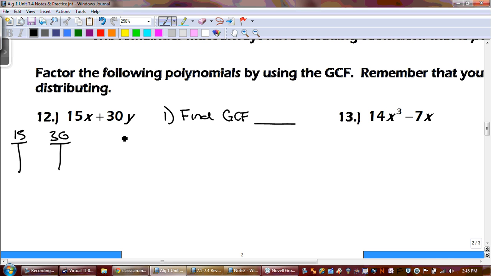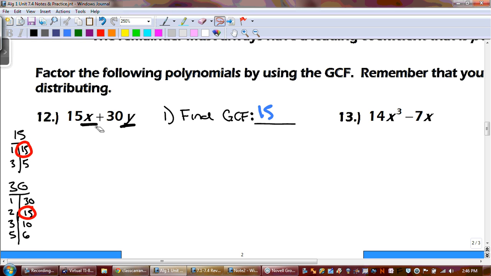If you still need to do that, please do it because you want to make sure to get the greatest common factor. So there, all of our numbers, and the GCF is 15. Now, do they have any variables in common? This time they don't. So I'm just going to rewrite this.